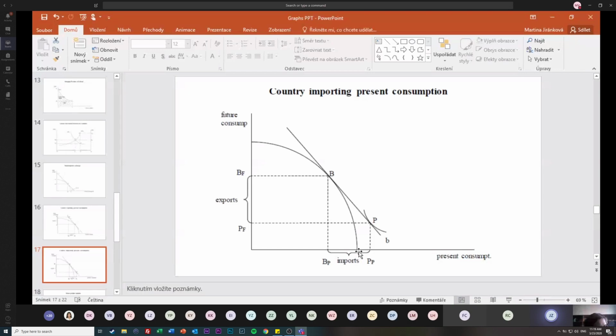True. D, the increase in capital profit in the foreign country. True. So B, C, D. In this way, we have just now checked if you understood the lecture. I think it's quite not complicated.